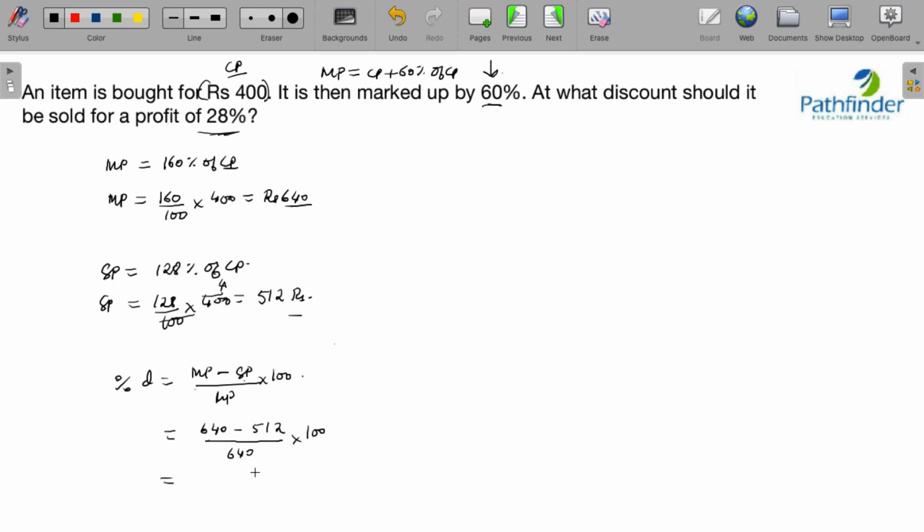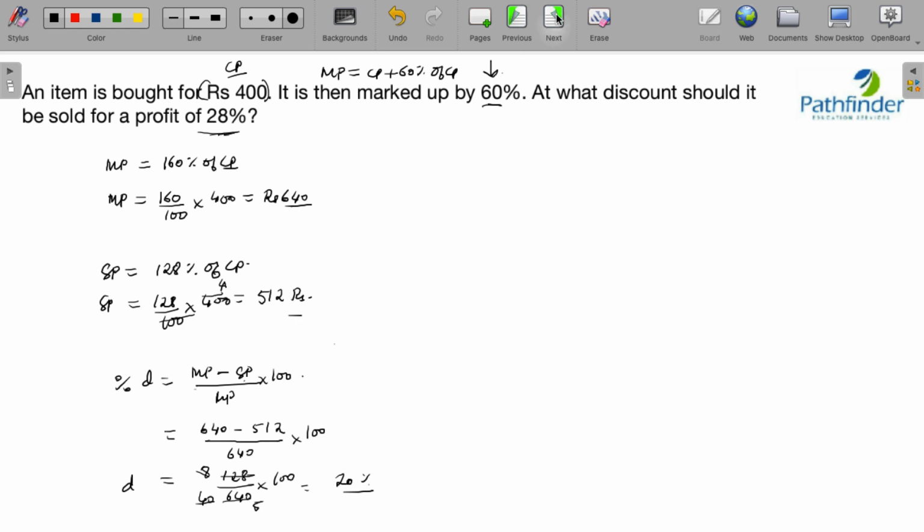And that should be equal to 128 upon 640 into 100. 16 8s are, 16 40s are, 8 5s are, so you have 20%. So it should be sold at a discount of 20% if you got to gain 28%.